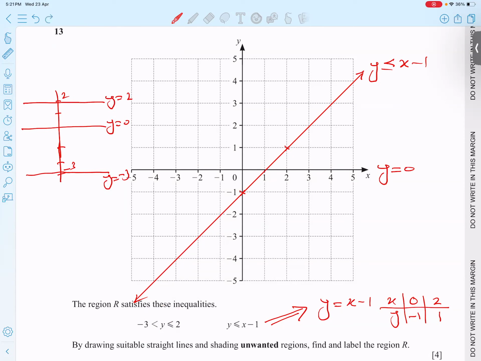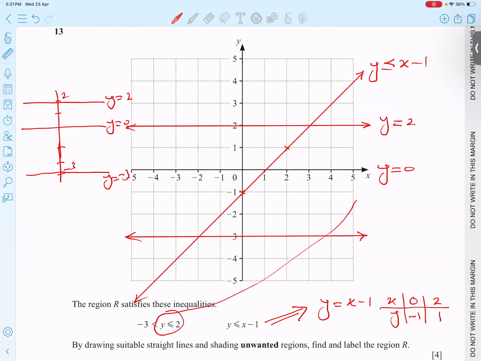So I have to make one line through -3 and one line through +2. I believe you people understand. I make arrows on both sides. This is y equals 2.